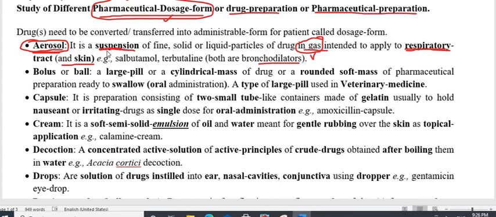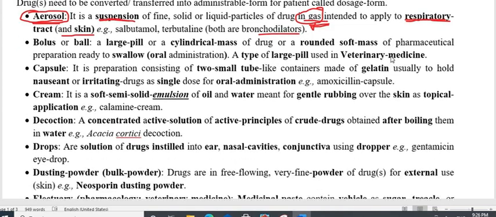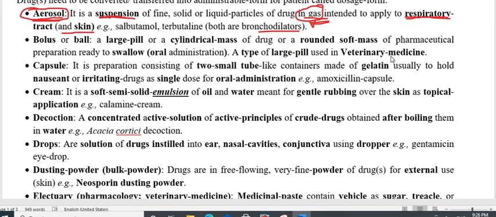So in this aerosol bronchodilator, salbutamol and terbutaline has to be administered in gas form, and because of the gas form the drug will reach very easily to the respiratory tract, particularly in the lungs, to produce the bronchodilation. So this is very, very important.